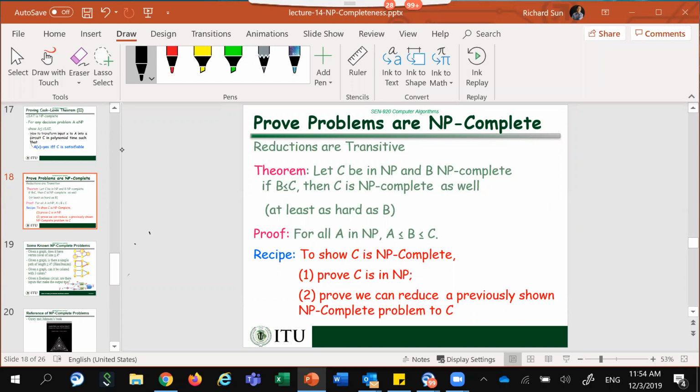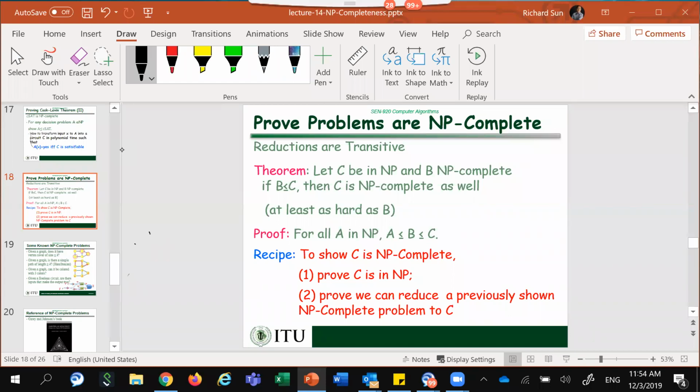It's a very important theorem. To prove a problem C is NP-complete, you're given a problem C in NP and a known NP-complete problem B. If you can show that you can polynomial time reduce B to C, then you can say C is also NP-complete. Why is that?